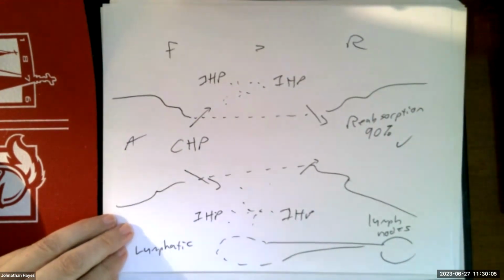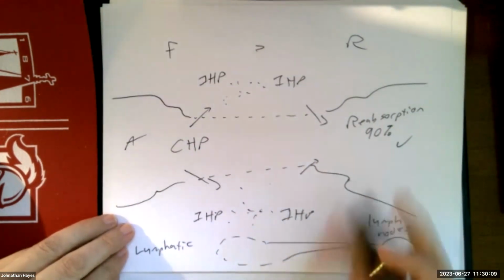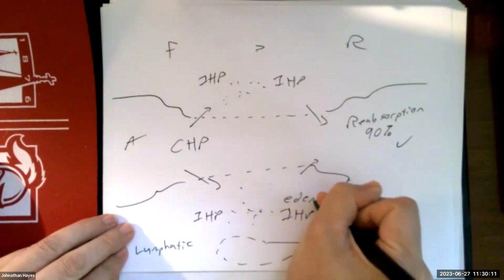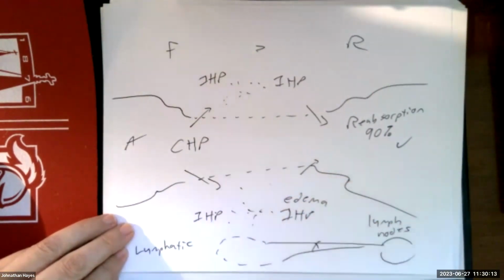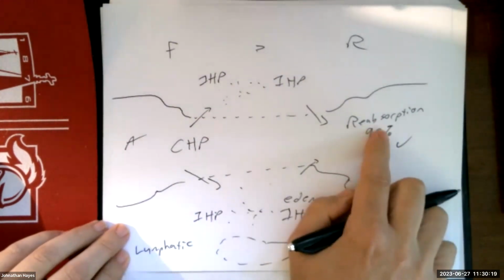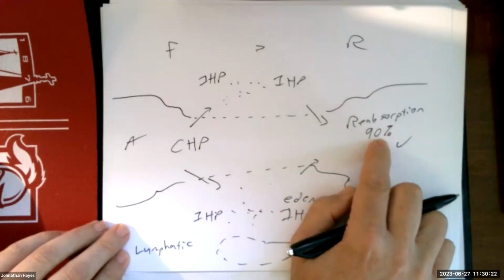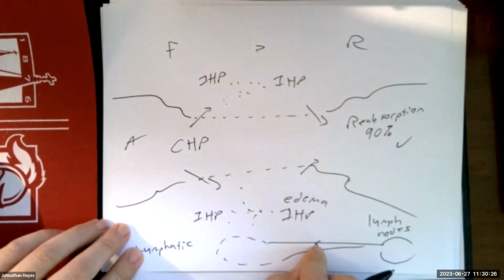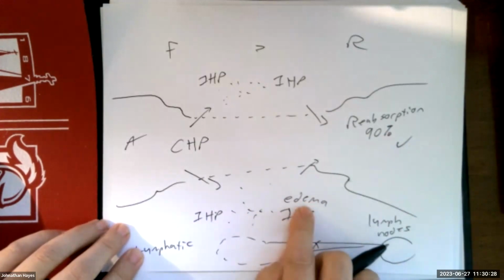But again, what if I accumulate too much fluid out here, right? If there's too much fluid out here, then we might call that edema. So let's say that for some reason the lymphatic system gets blocked, right? And I've already maximized my amount of reabsorption. Maximized reabsorption is about 90% anyway, right? But let's say my lymphatic system gets blocked. Well, then you're going to start to generate edema, right?